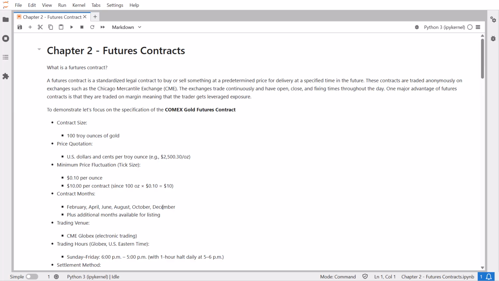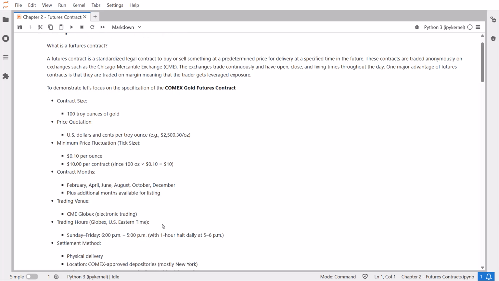And rather than have an infinite number of times for delivery, we just have a fixed number of dates that can be traded, and that means we have a finite number of instruments which we can trade on exchange. The trading venue is the CME Globex.